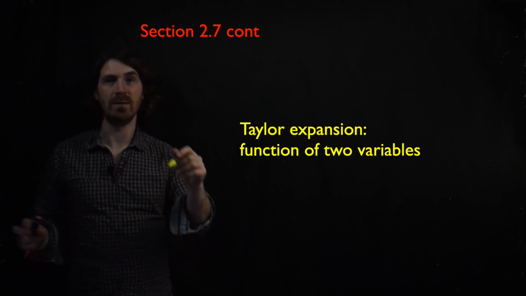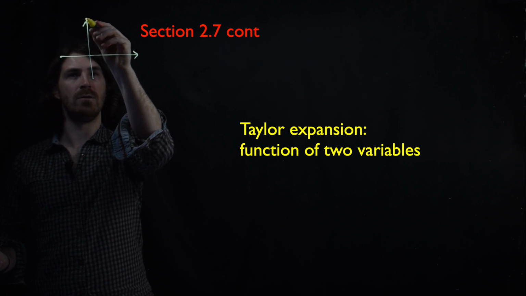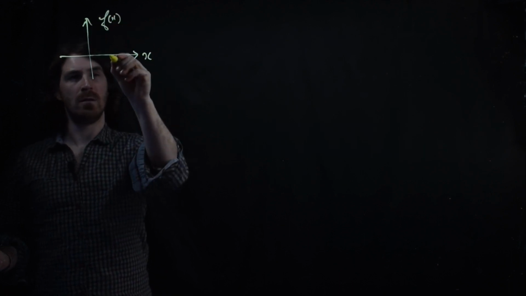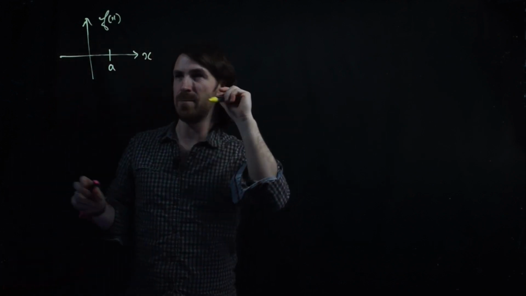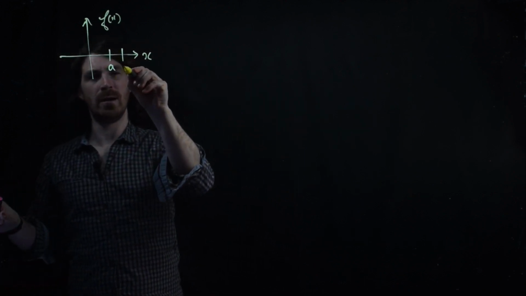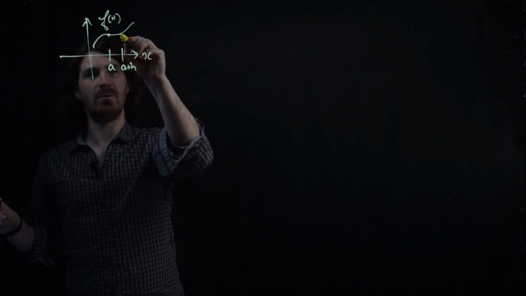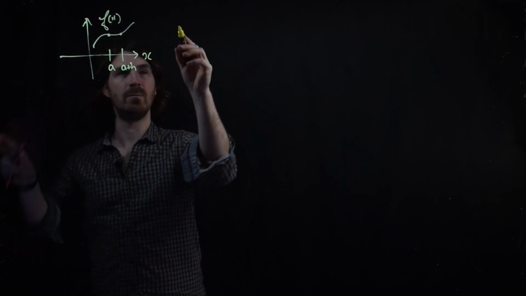Alright, so we've just seen that for a function of a single variable, let's call it f of x, if we know the function at x equals a, we can ask what the value of the function is at x equals a plus some small step h.